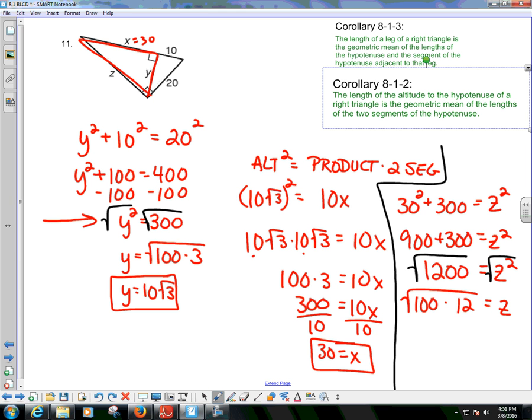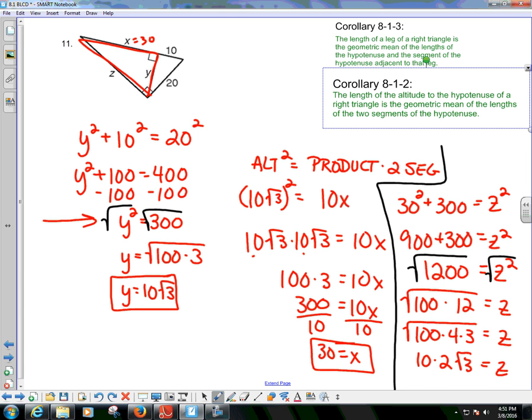And then a little red flag goes up because 12 is 4 times 3. Well, the square root of 100 is 10. The square root of 4 is 2. And 3 is the only thing that I can't simplify. So that stays as the square root of 3.